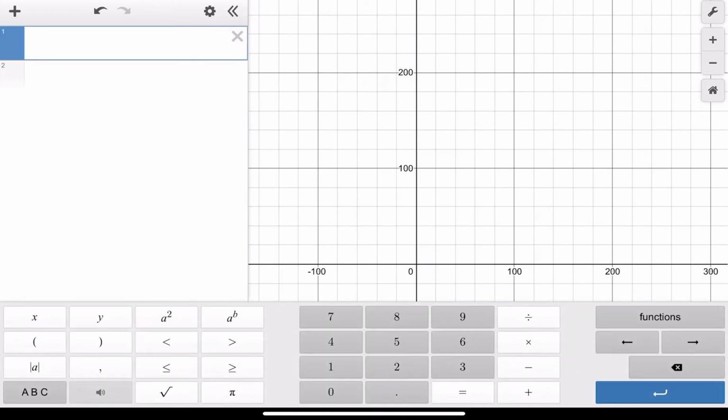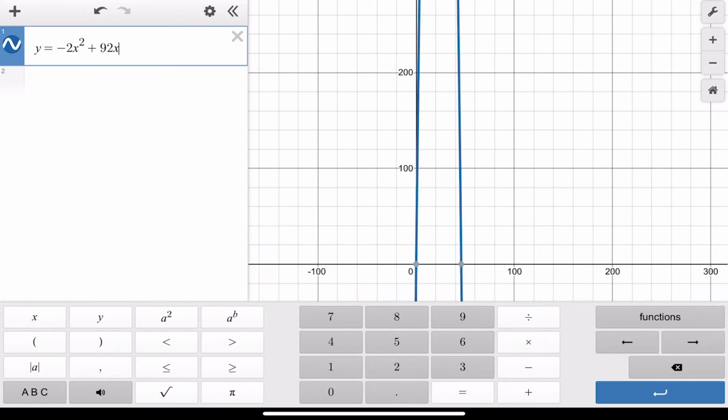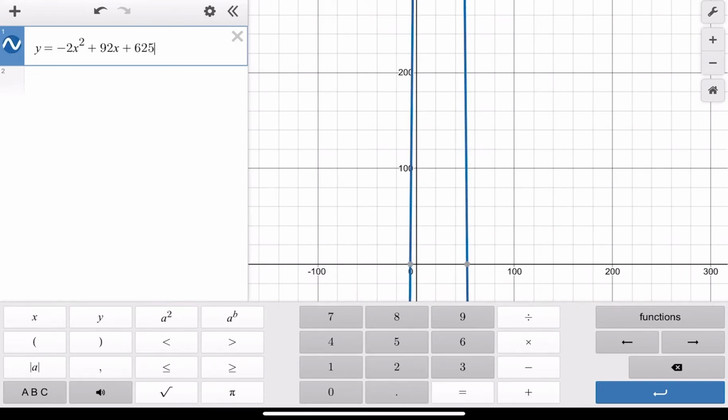So I go and type in my equation. I have my output is equal to negative 2 times my input squared plus 92 times my input plus 625.